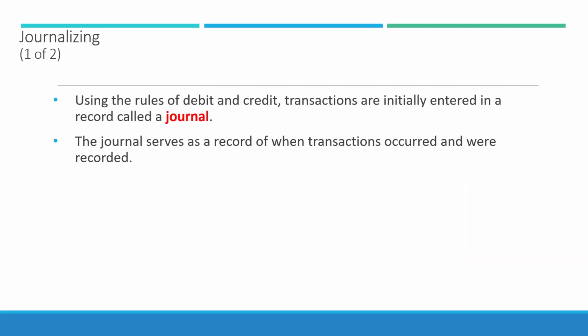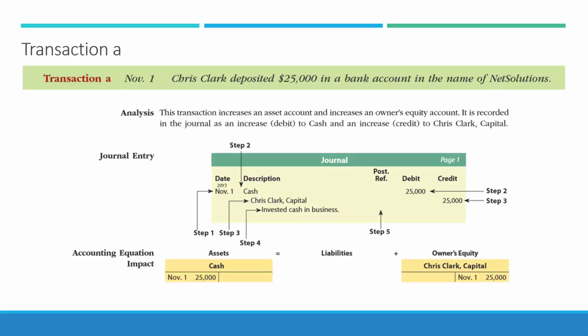Using the rule of debits and credits, transactions are initially entered in a record we call a journal. The journal serves as a record of when transactions occurred and were recorded. So for example, Chris Clark from last week, chapter 1, deposited $25,000 in a bank account in the name of Net Solutions.